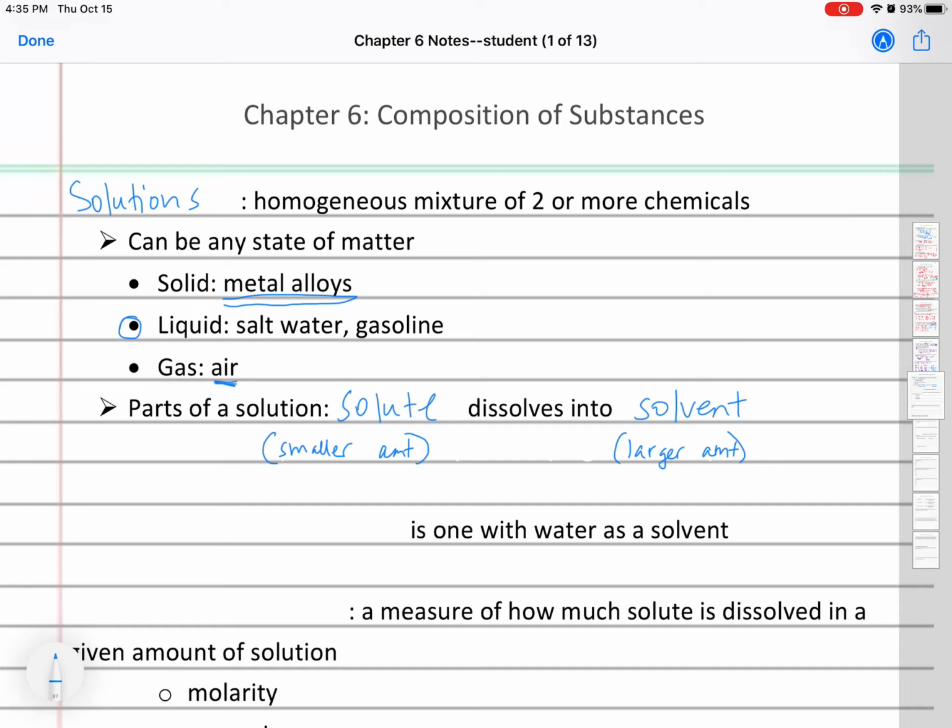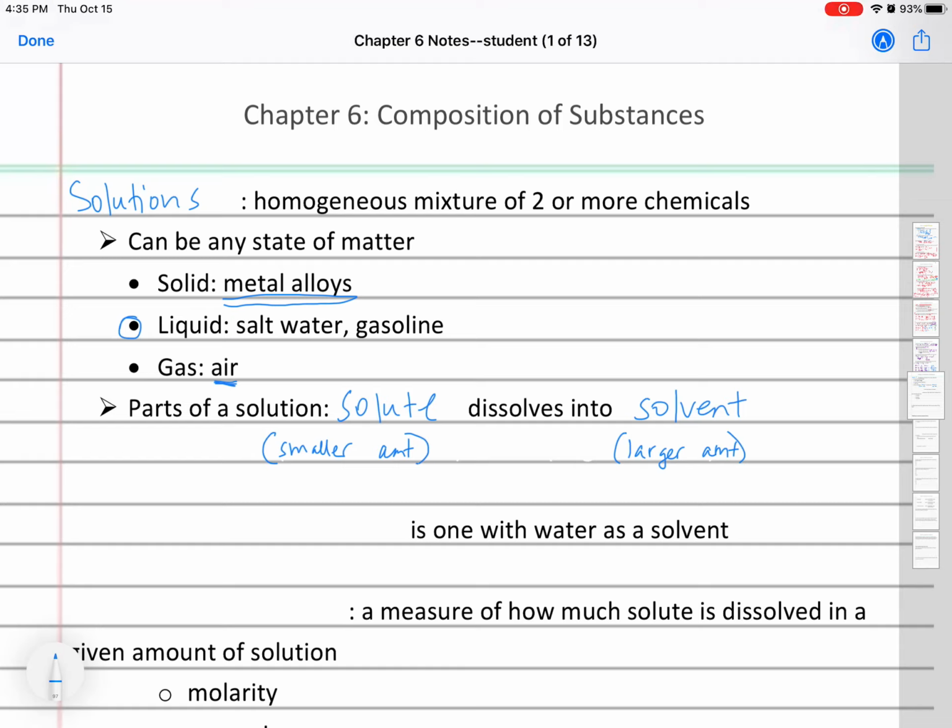All right, so in a white gold alloy, usually gold is the solvent, it's the larger amount, and then there's a small amount of some other metals that make it look more silver colored.